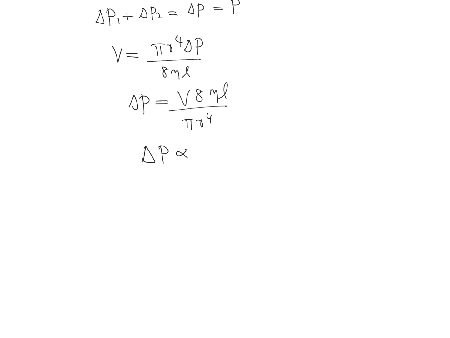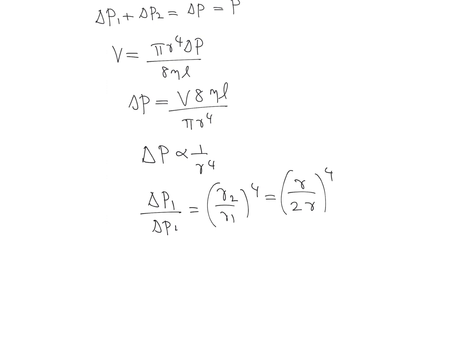So delta P is inversely proportional to R raised to 4. Delta P1 divided by delta P2 is equal to R2 divided by R1 raised to 4. R2 is R divided by 2 and R1 is R, so this is 1 by 16. So delta P2 is equal to 16 times delta P1.